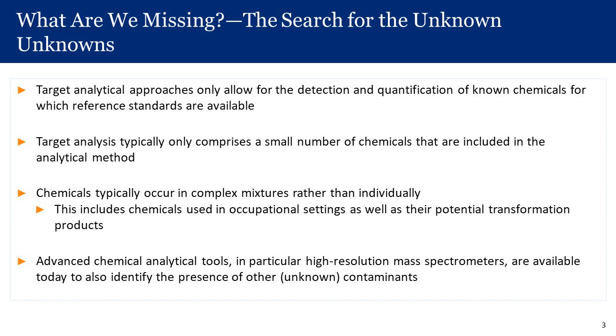What these comprise are both metabolites, so compounds that are formed in the human body, as well as compounds that are formed in an occupational setting, for example, as a result of exposures to things like reactive oxygen species or UV light. And this non-target analysis is really linked to the development of very advanced chemical analytical tools, in particular high-resolution mass spectrometers that allow us today to identify the presence of these unknown contaminants.